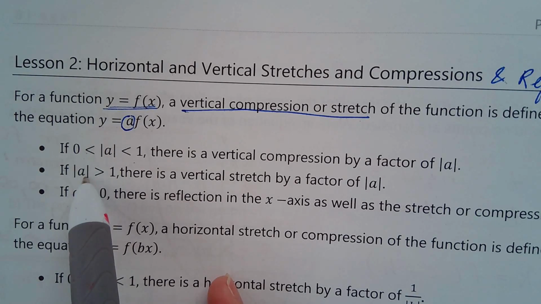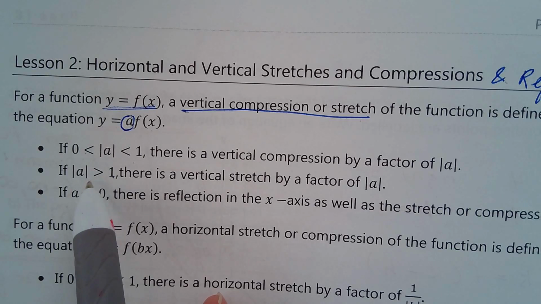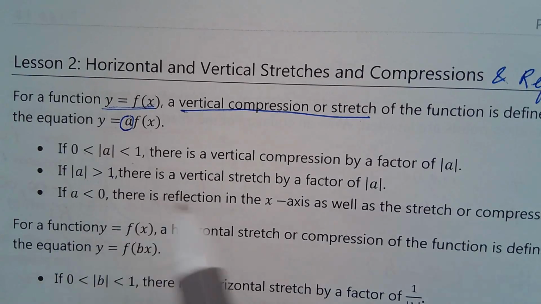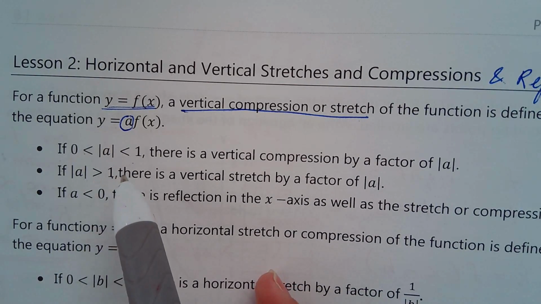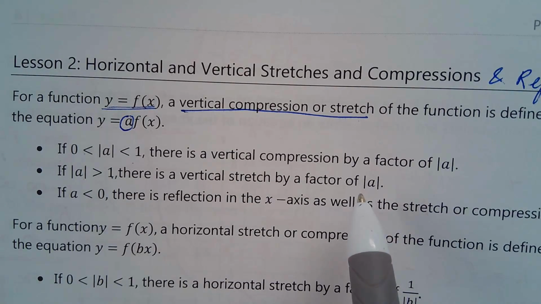Now, here we go. If the absolute value of a is greater than 1, think of a number that's greater than 1: 2, 3, 1.5, 2.3, 2.5, that's not a problem. If the absolute value of a is greater than 1, there's a vertical stretch by a factor of the absolute value of a.